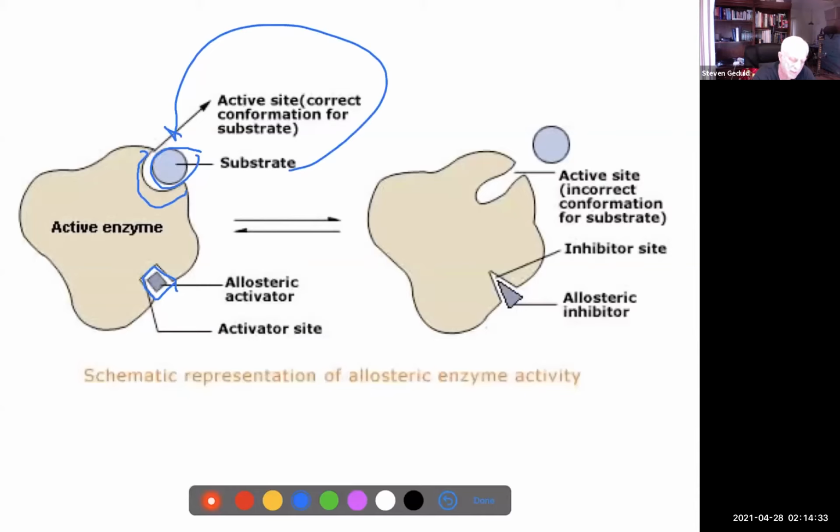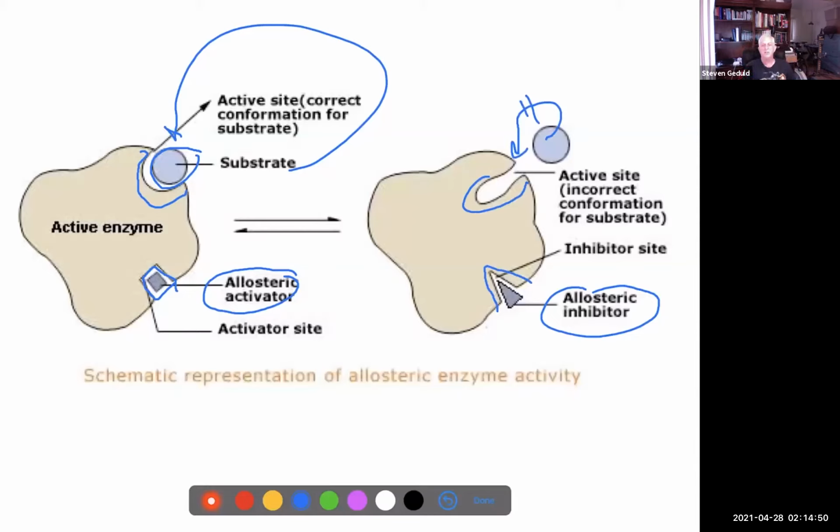Now, an allosteric inhibitor, if that binds to this secondary site, changes the active site, so now the substrate cannot fit in there. That's an allosteric inhibitor. It shuts down the enzyme from working. A lot of times, this allosteric inhibitor is the product itself. When the product is being produced, it shuts the enzyme down because there's already enough product in there.